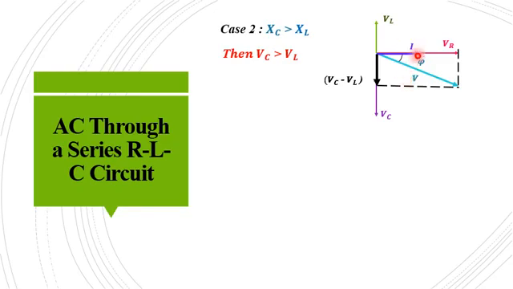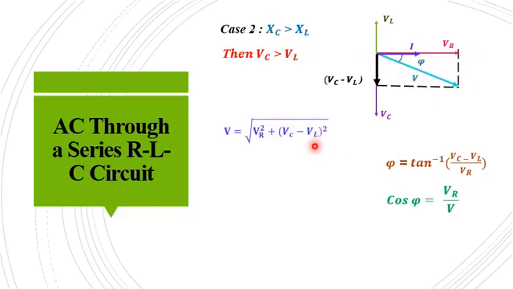Why? Because we can see that voltage is lagging the current. Also from the phasor diagram we can write phi is equal to tan inverse of (VC minus VL) by VR, and the power factor cos phi will be equal to VR by V.